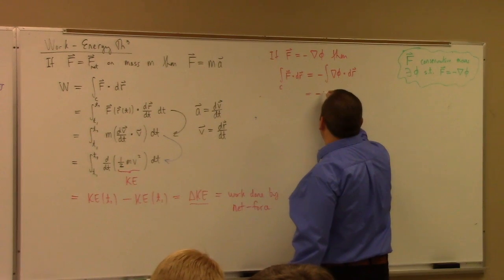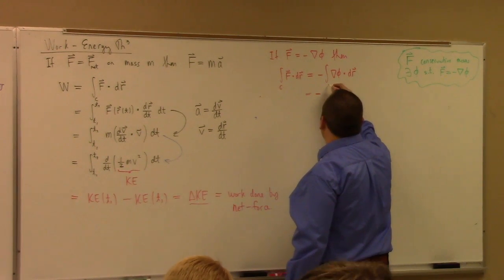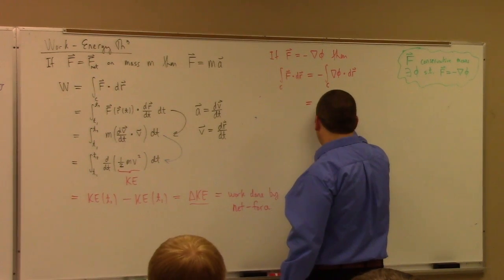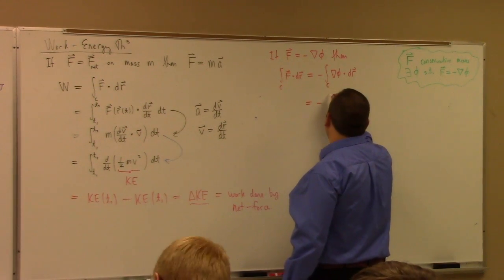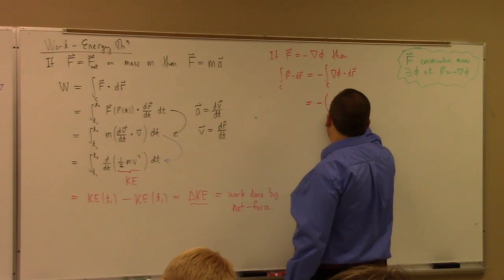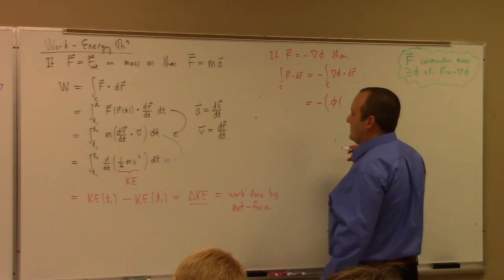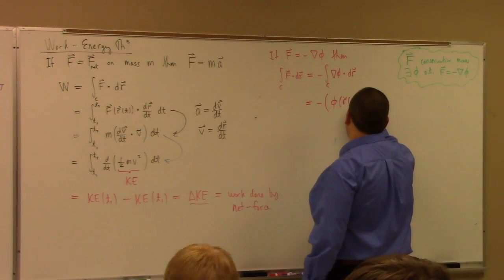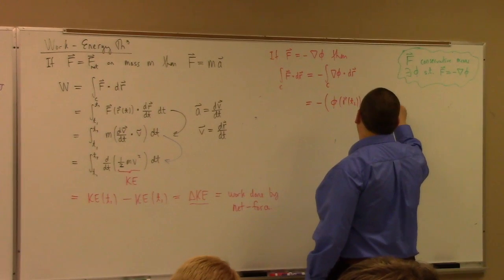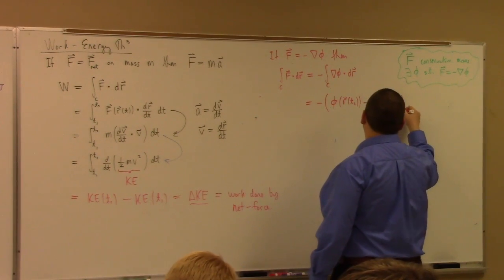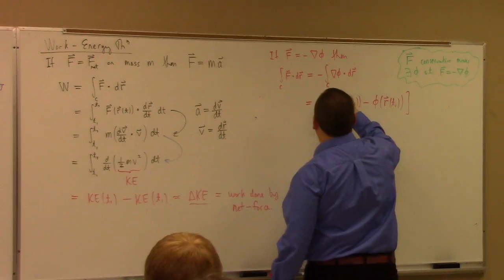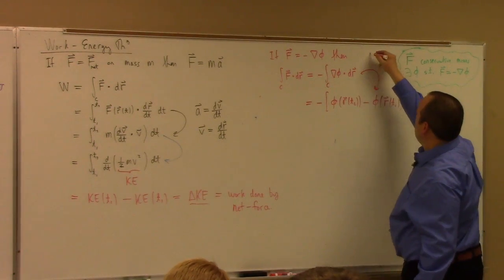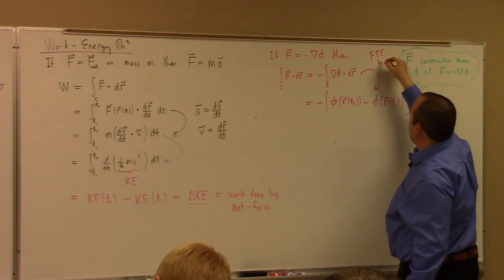The other significance of the gradient is, goodness gracious, it's a lot like, so what this is phi of r of t2 minus phi of r of t1, where I'm assuming going from here to here is the so-called fundamental theorem of calculus for line integrals.